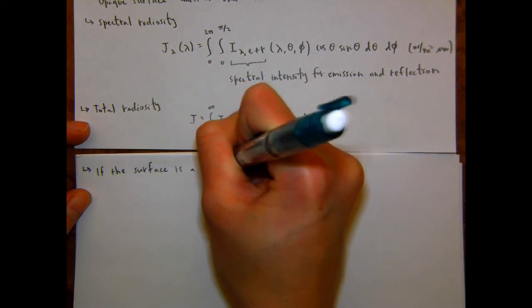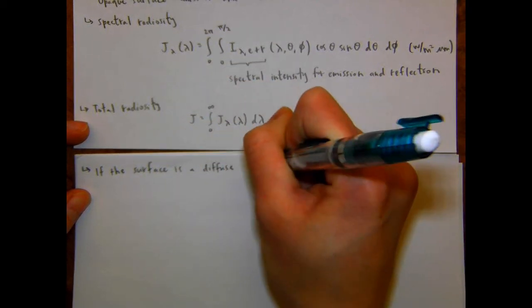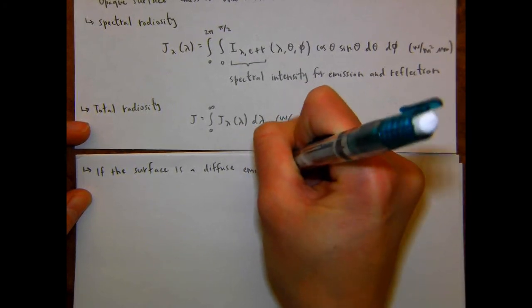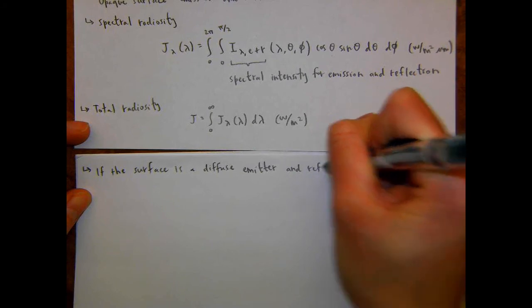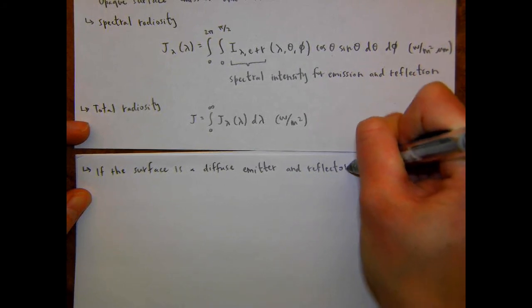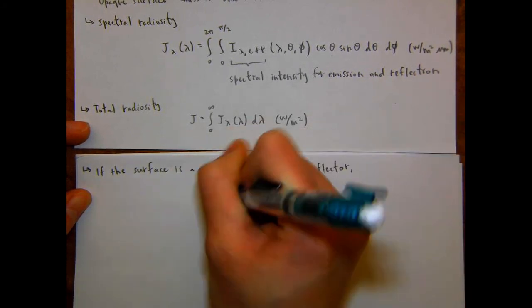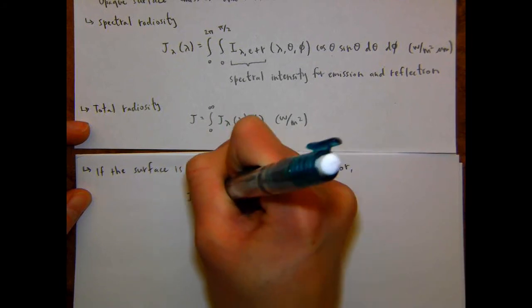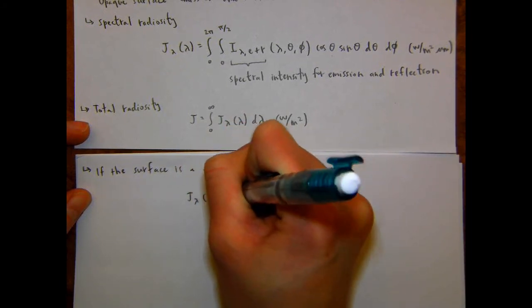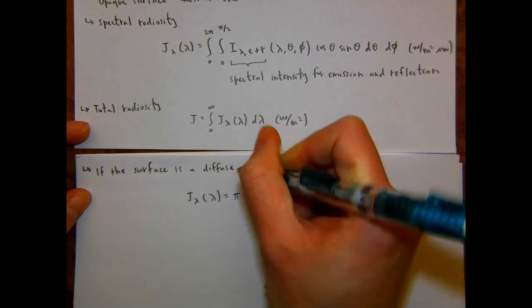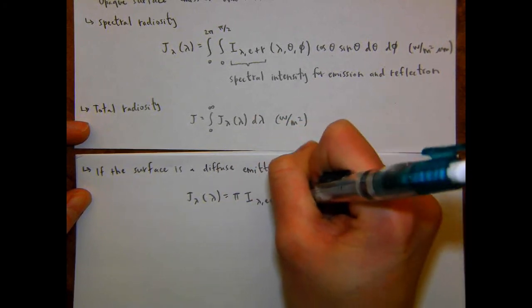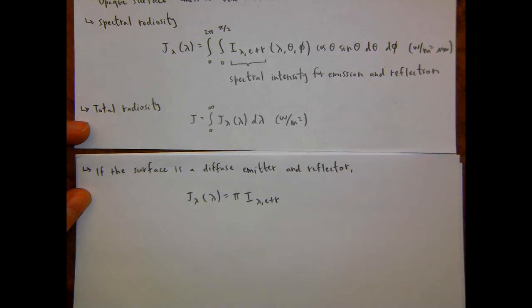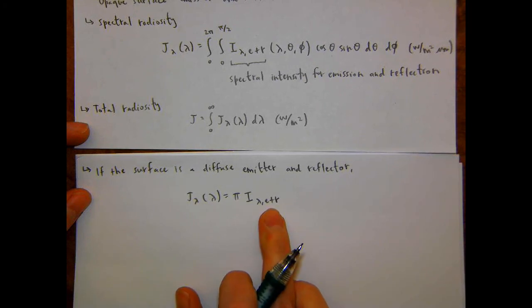So if the surface is a diffuse emitter and reflector, the spectral radiosity is pi times the spectral intensity for emission and reflection.